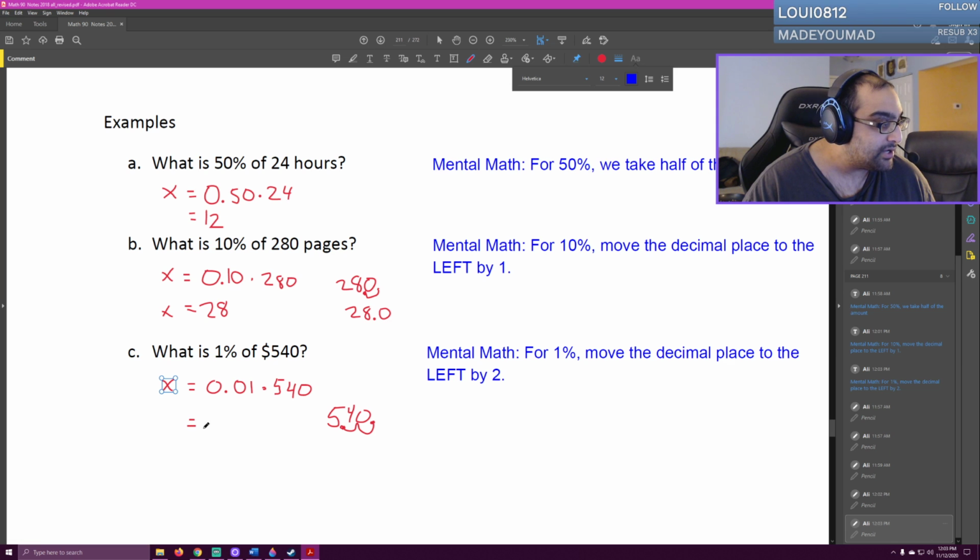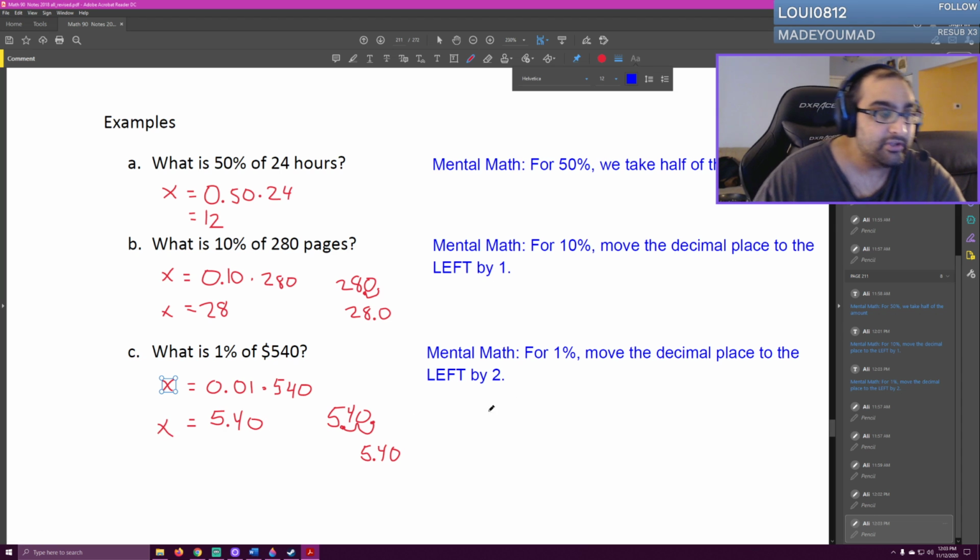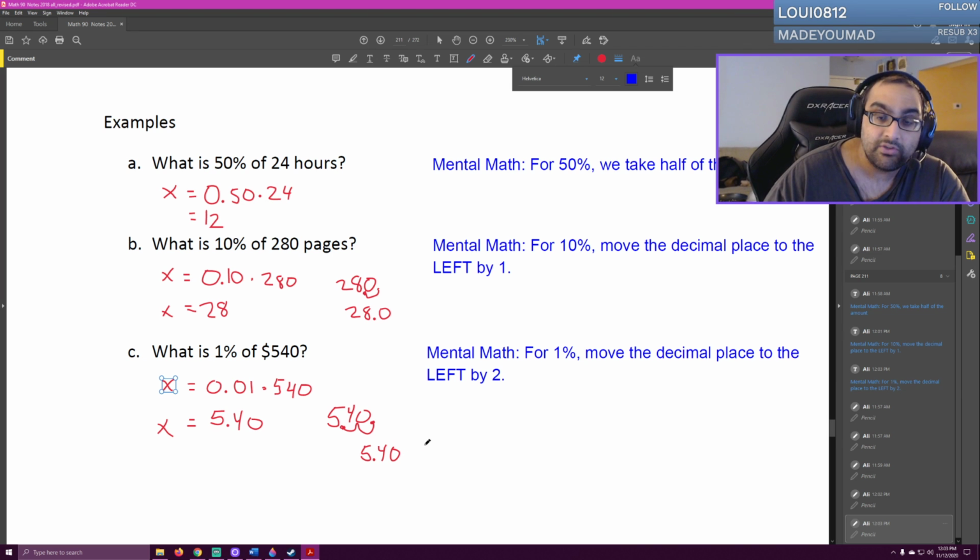So in actuality, we end up with $5.40. That's how we can do a little bit of mental math here, exactly how you figure that out without having to punch stuff in the calculator. Those are nice, neat little tricks you can certainly use for 50%, 10%, and 1% respectively.